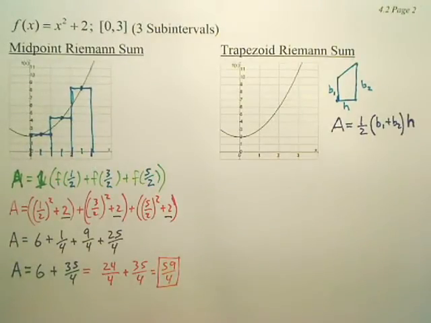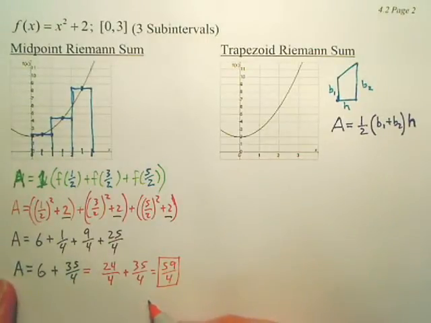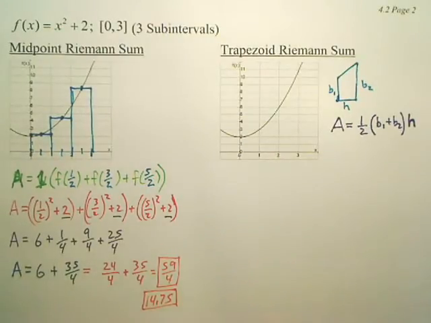That would be the area, in units squared, if you want to put that. The area under the curve would be 59/4, which is a little bit less than 15. Wait, it's 14.75, I think. You don't have to put that, but that's what it would be.